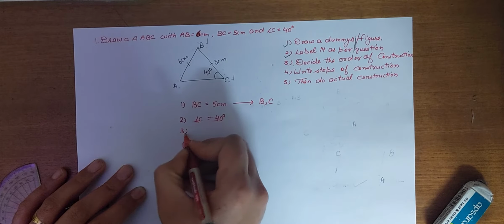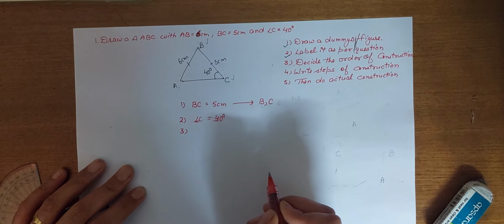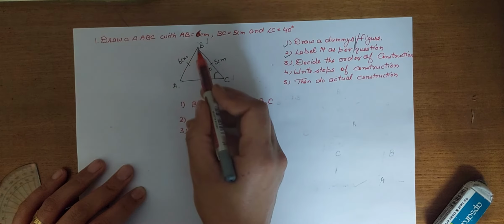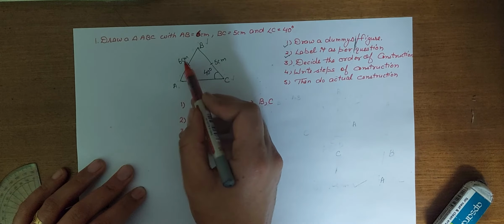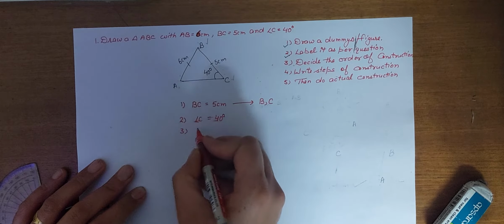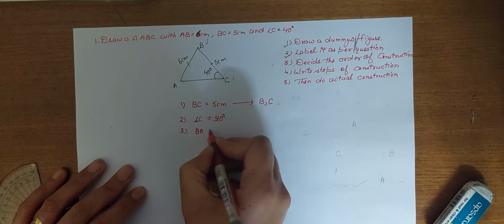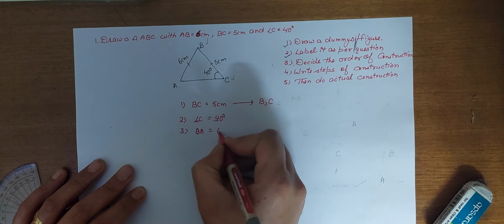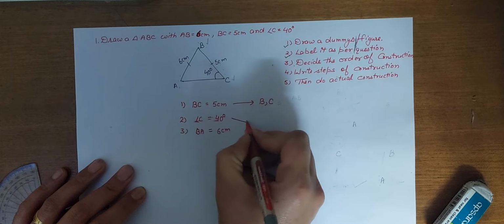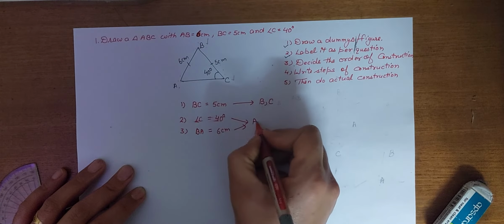So the third point is, angle C equals 40 degree will not give you A, it will just give you a direction. And BA equals 6 centimeter, this arc will select the point A on this arm. So these two measures collectively will give you point A.